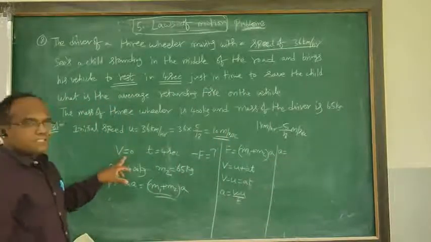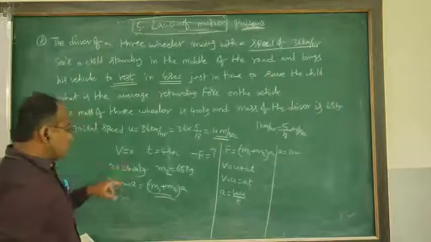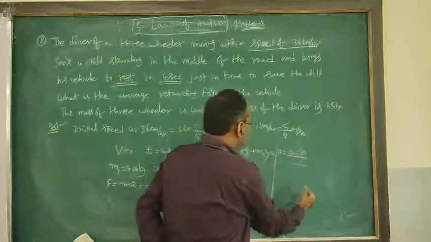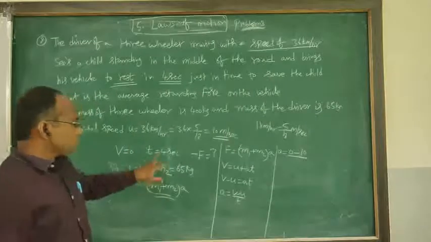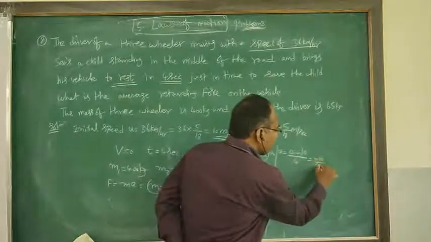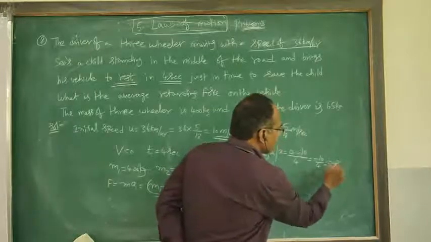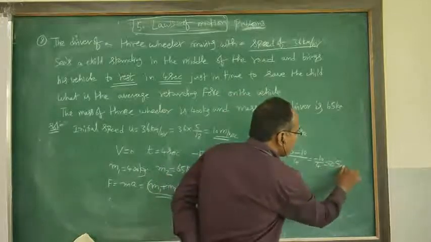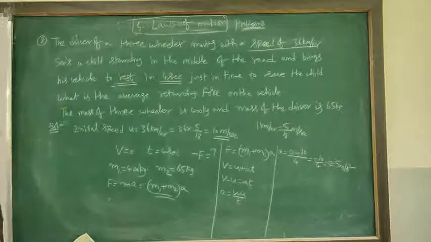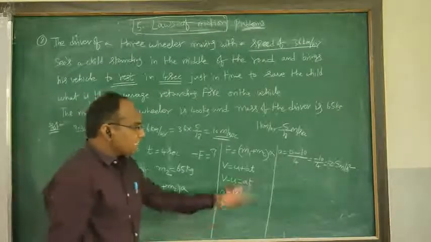V is 0, minus U is 10, divided by time, which is 4. So the meaning is minus 10 divided by 4, which is minus 2.5 meter per second square. This is the acceleration.